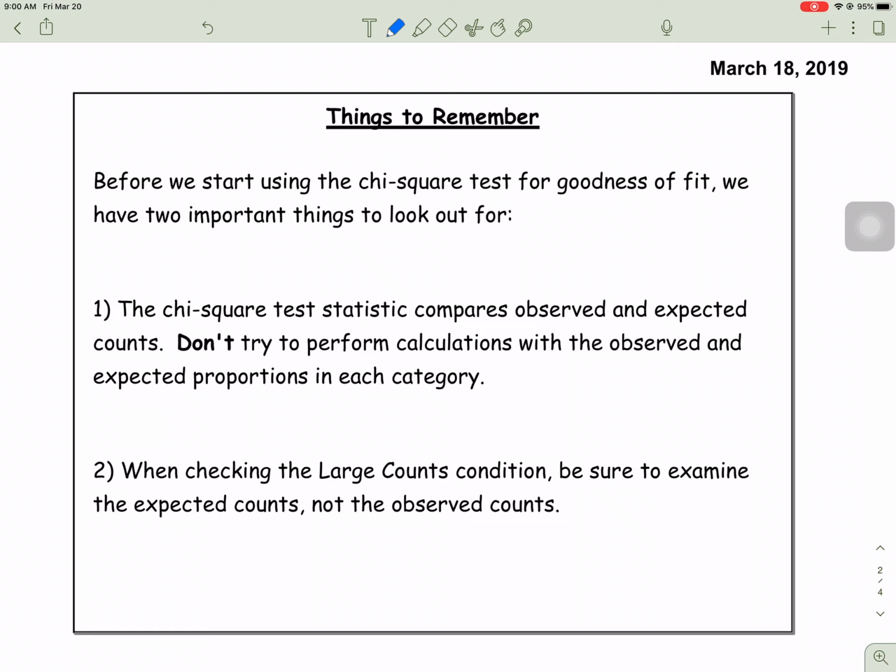The percentages just help us to figure out the expected counts. And then when checking the large counts condition, that's the greater than or equal to 5, make sure you're using the expected counts, not the observed counts. Not what you got in the study or when you measured it, it's what the expected counts are. They all have to be, remember, greater than or equal to 5.